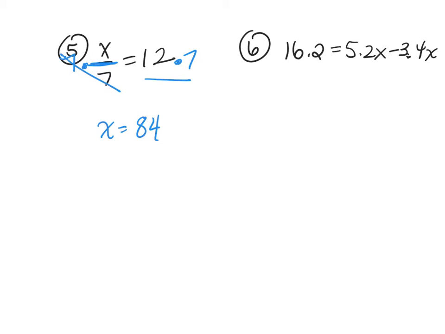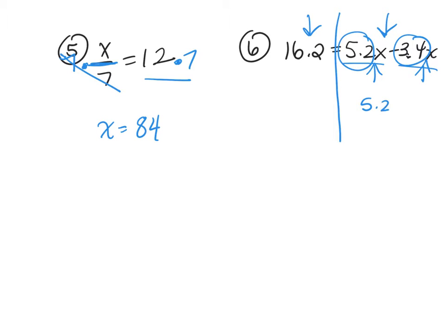6 deals with decimals. So we have 5.2x minus 3.4x. So why do I do that? Notice that even though I have an equation that has 2 terms on one side and 1 term on the other, I have 2 x's. I only want to have 1 x to isolate, so I have to combine them. So I look at the coefficients. 5.2 minus 3.4.